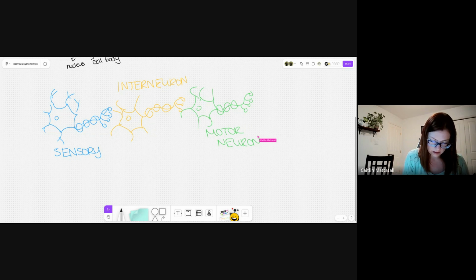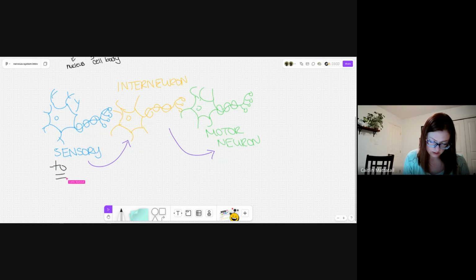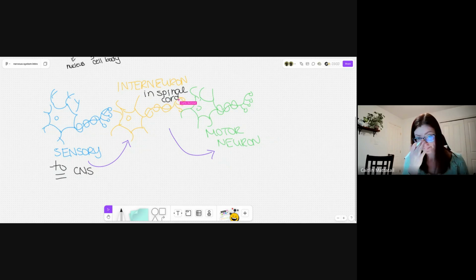Okay, so sensory to inter, and then the interneurons are going to send the information to the motor neurons. Sensory neurons are sending the information to the central nervous system. The interneuron is actually in the spinal cord. So it's in your central nervous system. And then your motor neuron is taking the information away from the central nervous system.